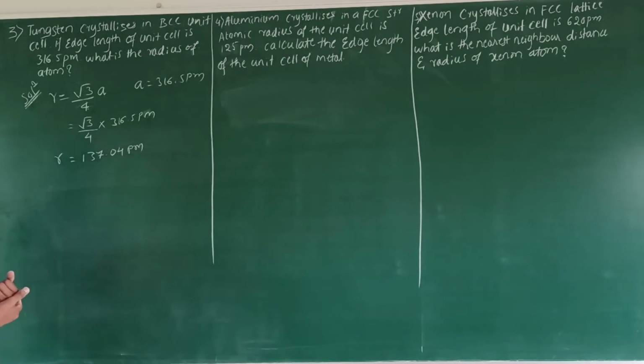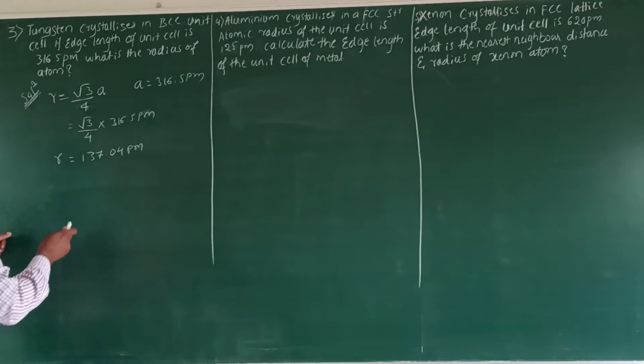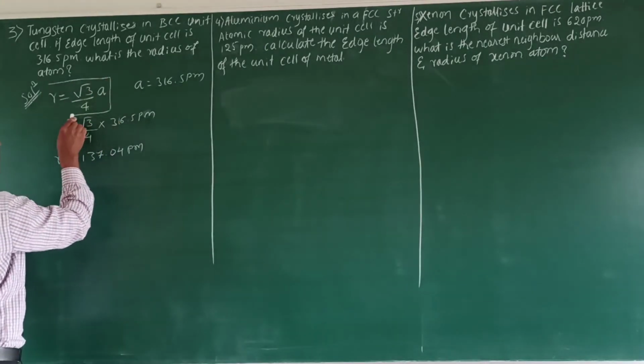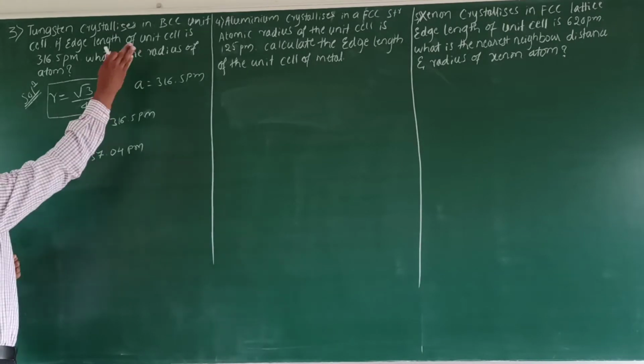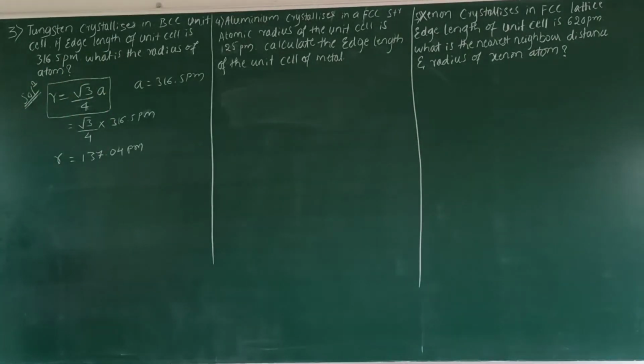By calculating this, we are getting the answer. We have to remember the relation between the edge length and the radius of the spheres in BCC unit cell. Got this?